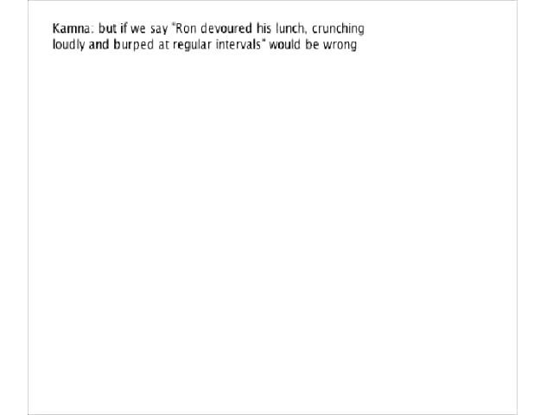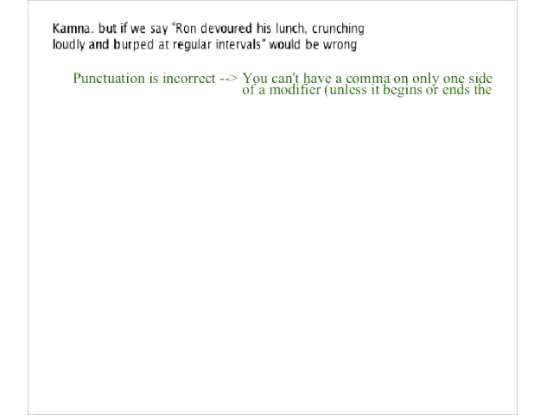But what's incorrect here is the punctuation, because you can't have a comma on only one side of a modifier, unless it begins or ends the sentence.